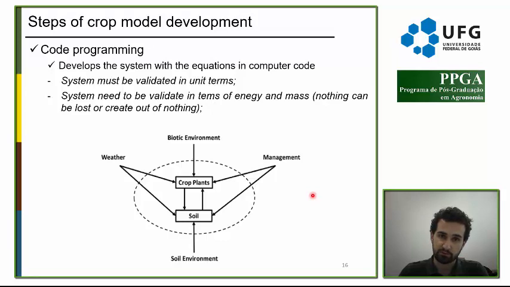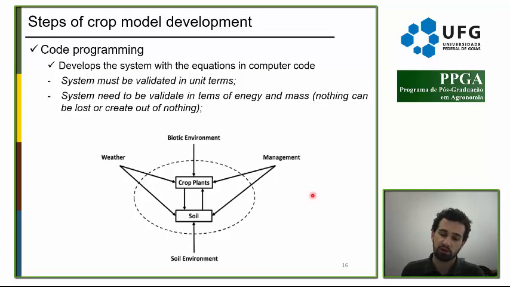Another point that is very important for modeling is to check if the system was validated in terms of energy and mass. This means that nothing can be lost or created out of nothing. If I have an input of rainfall, for example, this rainfall needs to go somewhere, to the soil or to the crop, and then it becomes a state variable, and after that it is an output of the system.